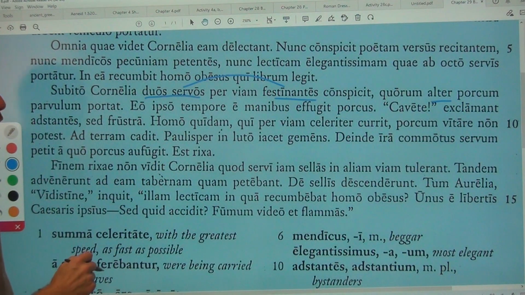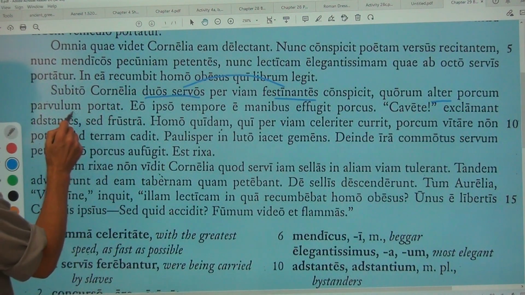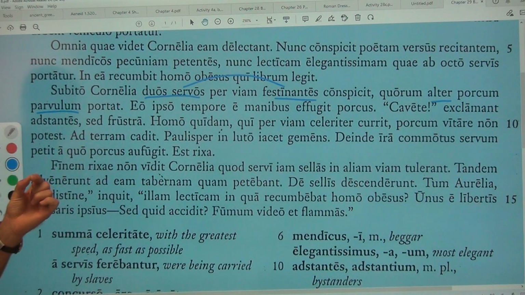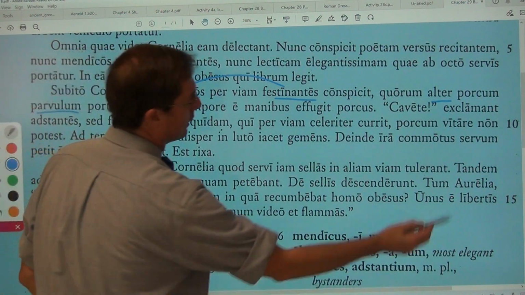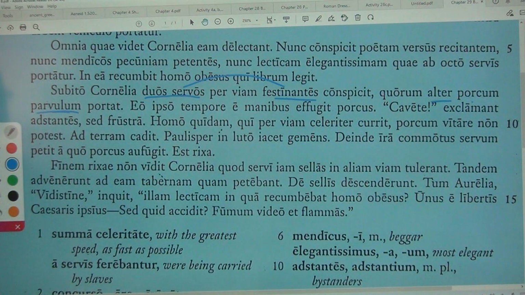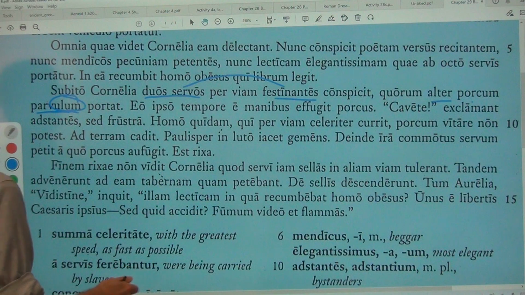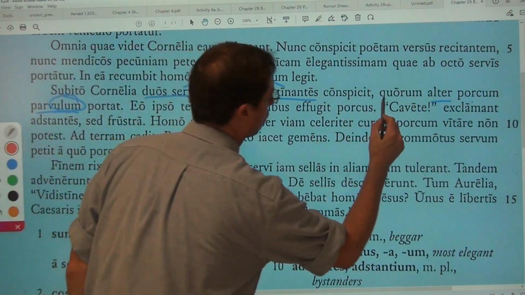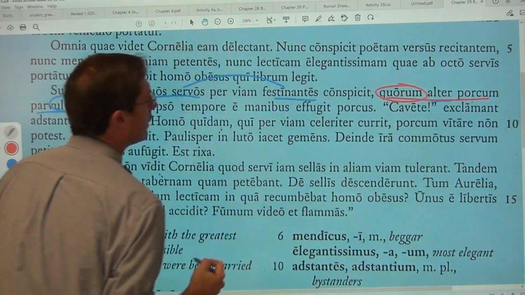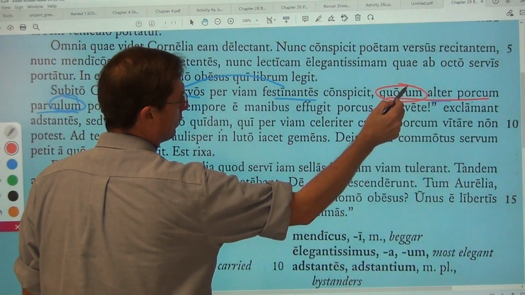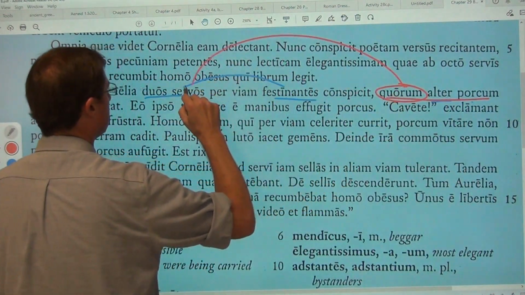One of whom carries a parvulum, a little bitty, an itty bitty pig. Not just parvus, but parvulum with the diminutive form. Remember, diminutive is a word that has been altered in a slight way to imply a smaller version. So it's not little, but little bitty. And so we again have another relative clause, starting with quorum, that takes as its antecedent something plural and either masculine or neuter, and so it is the slaves.